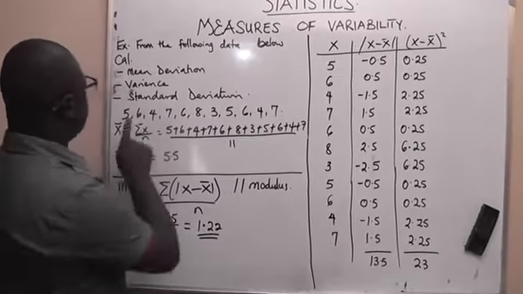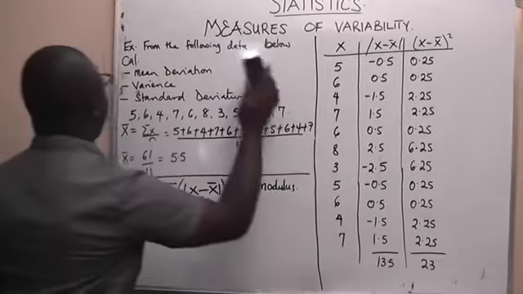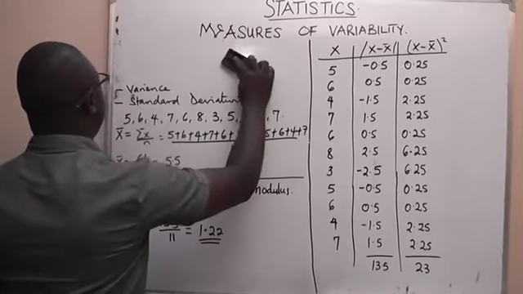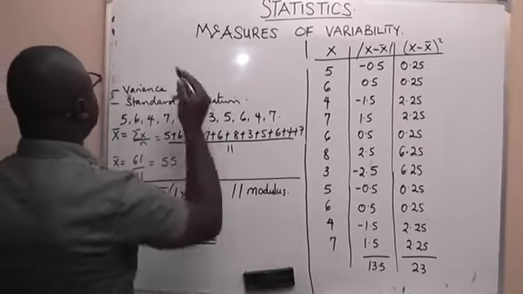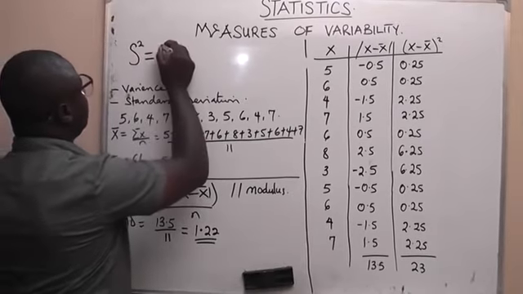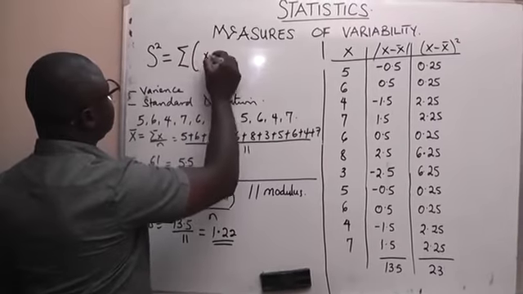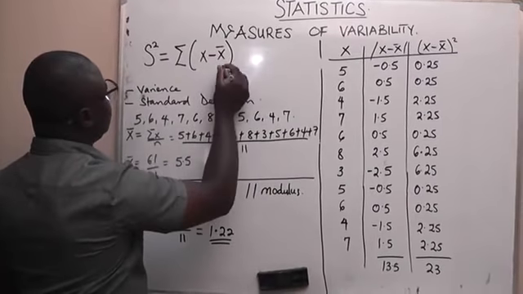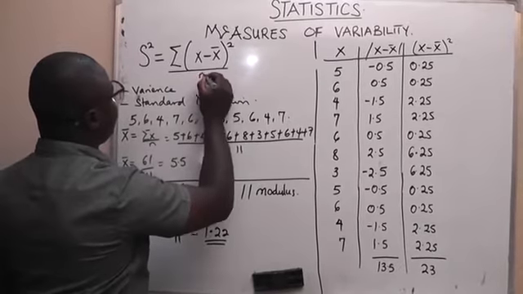Now, the next question we are asked is to calculate variance. Let me use this upper part. The formula for variance is the variance equals the summation of (x minus x bar) squared, everything over n.